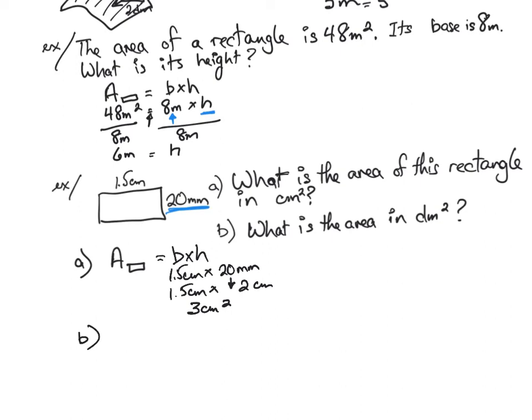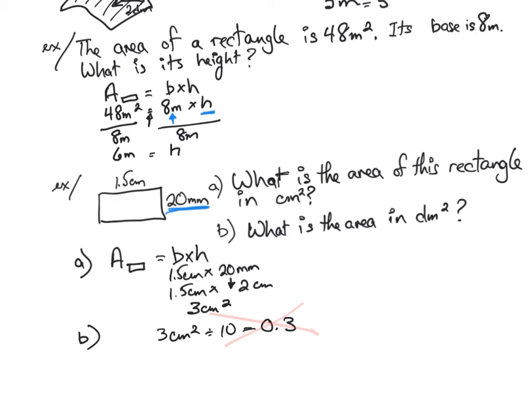So from small to big, divide, and it's 10. So my answer should be 3 centimeters squared divided by 10, which is 0.3. But this, in fact, is wrong. Okay, and I'll show you why.